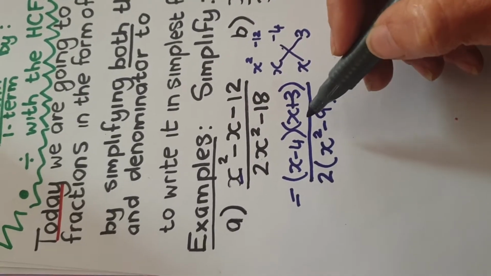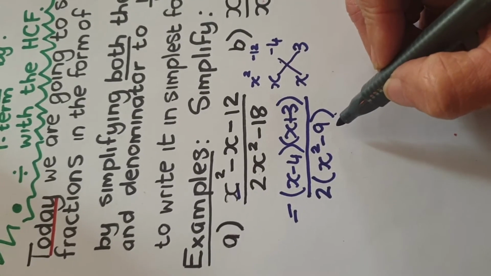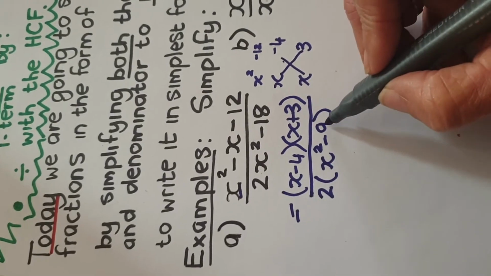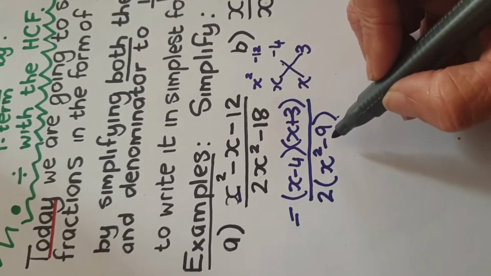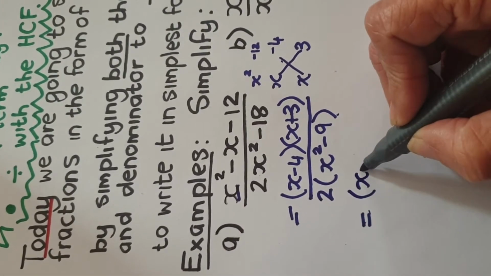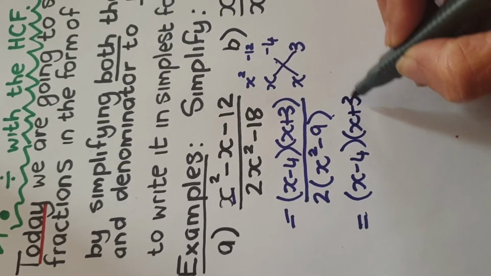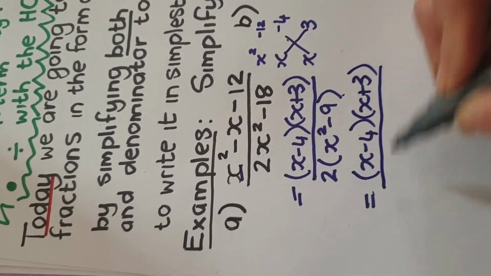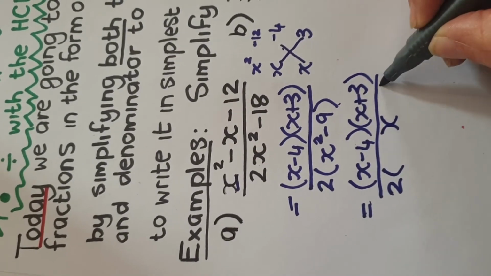Divided by one term. But if you look at the denominator, it is not fully factorized because you have a difference of squares there. So I can factorize this bracket and rewrite it so that I have my numerator divided by 2 times two brackets for the difference of squares.